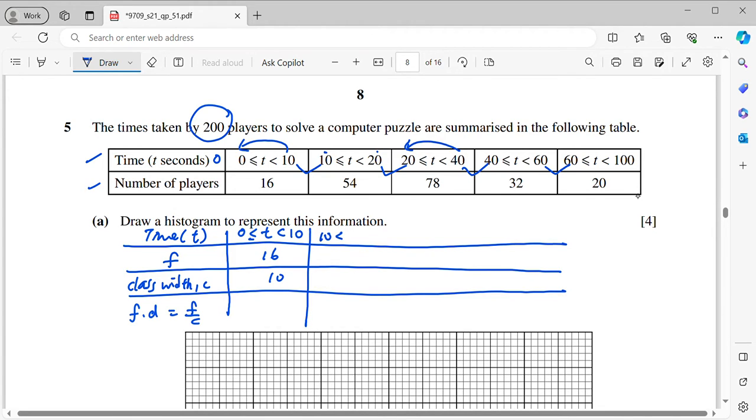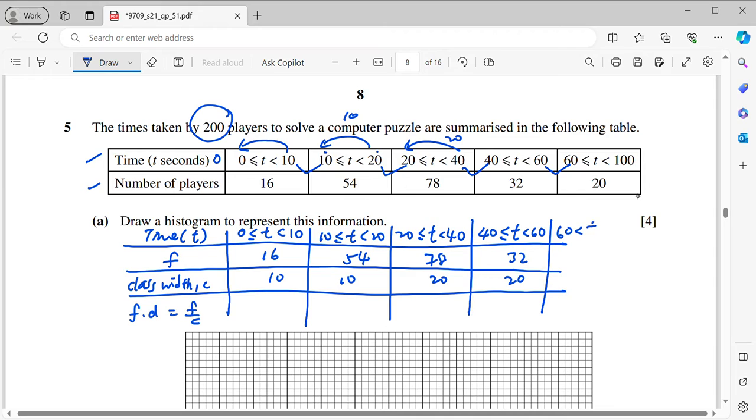Then for the second class, it will be 10 as well, because when you subtract here, it's just 10. Then 20 to 40, the class width is 20, because 40 minus 20 is 20. So 40 to 60, again, the class width is 20. Then 60 to 100, it will be 40.